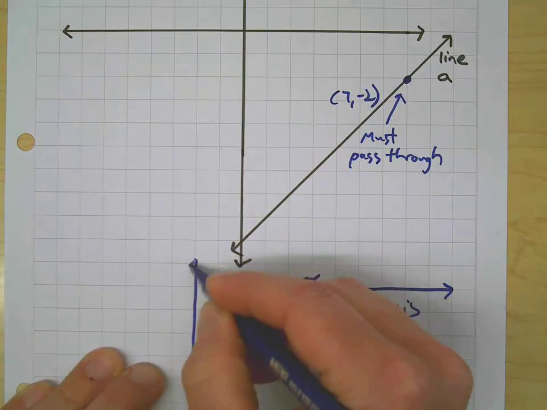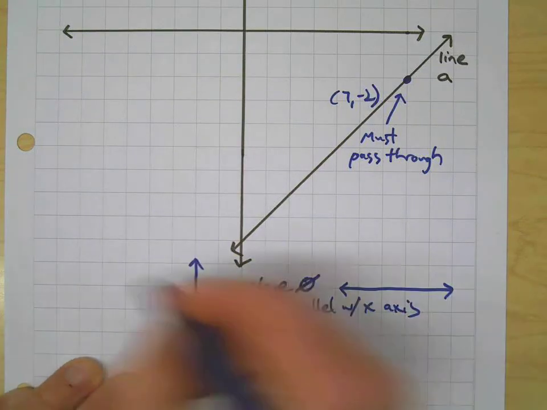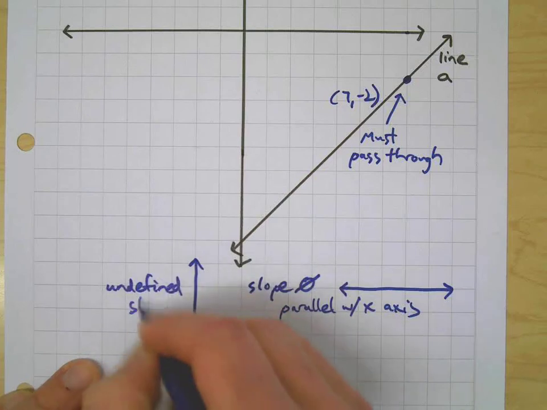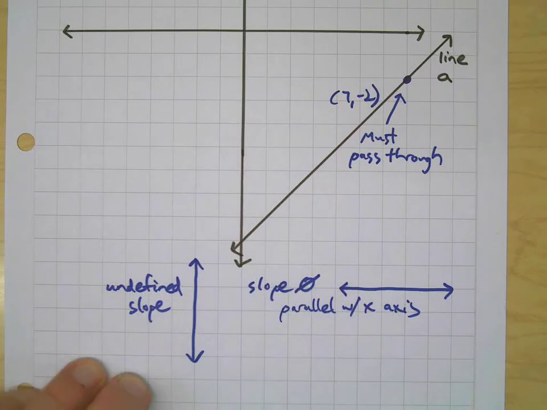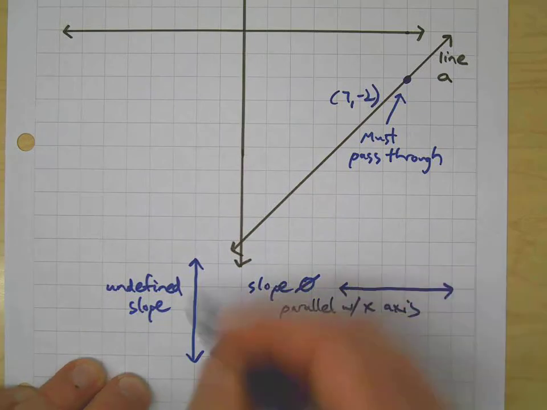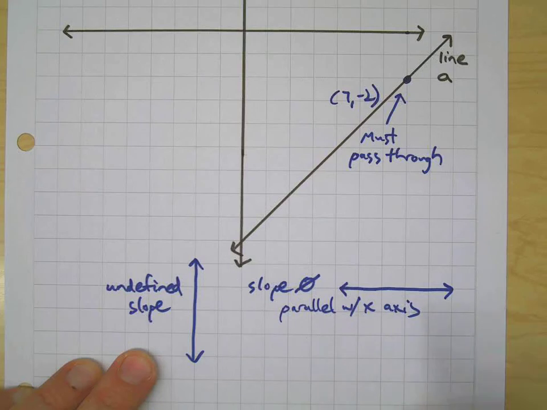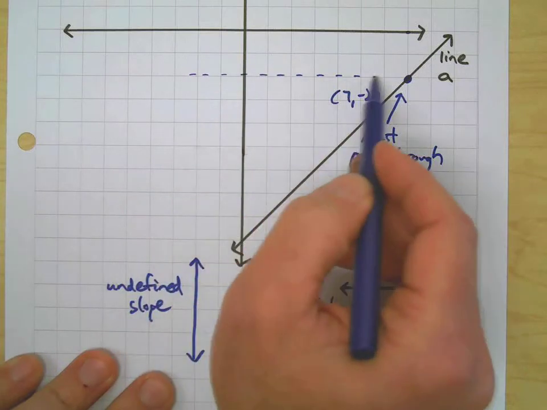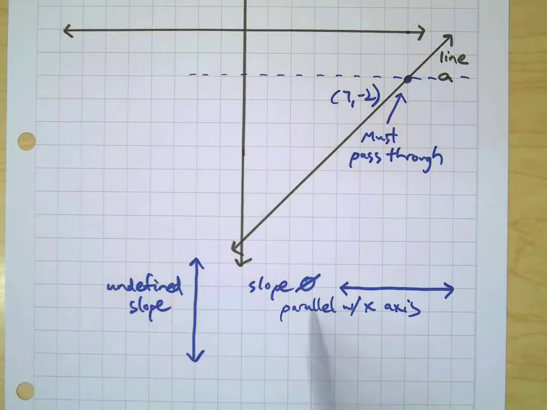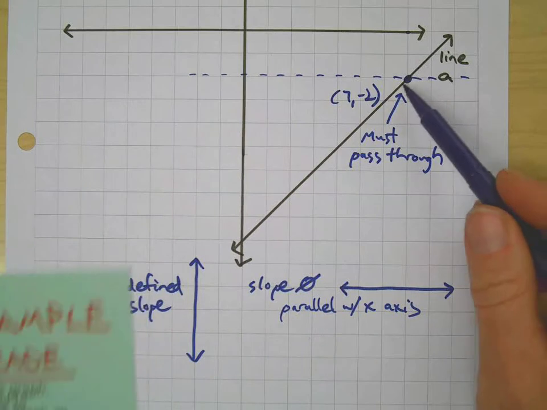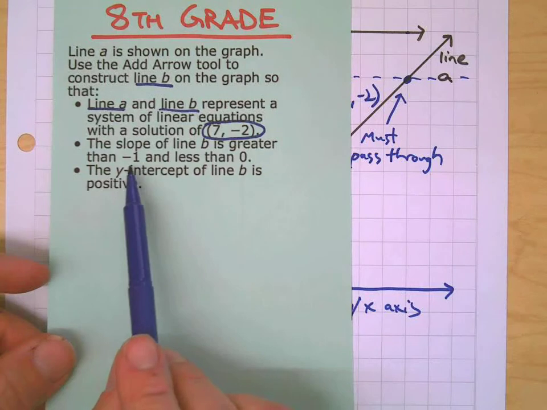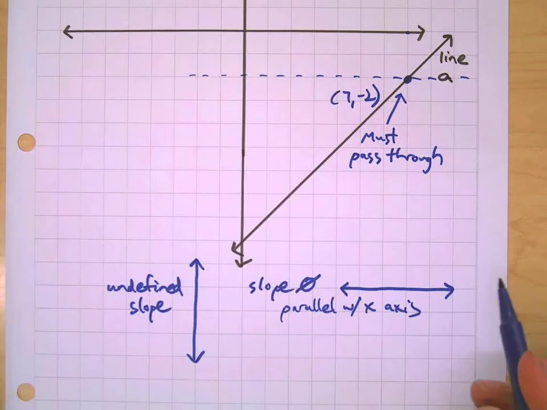Don't get that confused, and some people get this confused a lot. This is called undefined slope. There's a reason for that, but we're not going to get into it in this video. That's up and down only. A slope of 0 is only a horizontal line. So that's a slope of 0, and it's passing through that solution. It needs to be less than 0 but greater than -1.